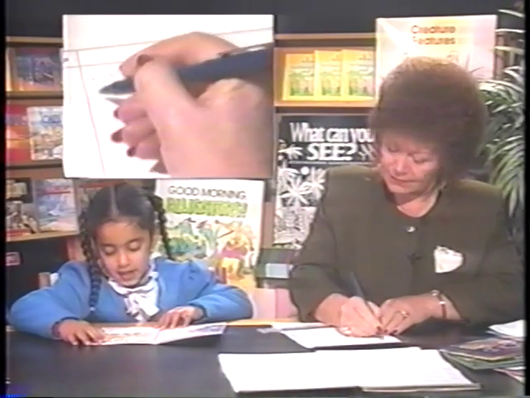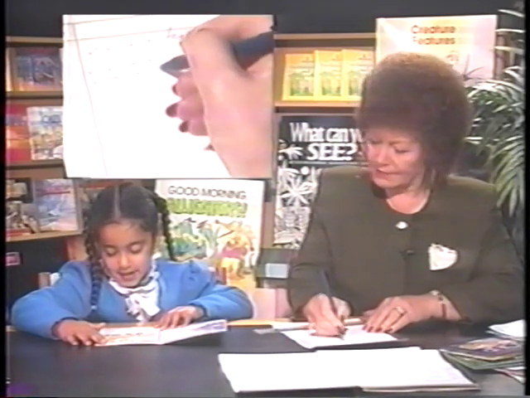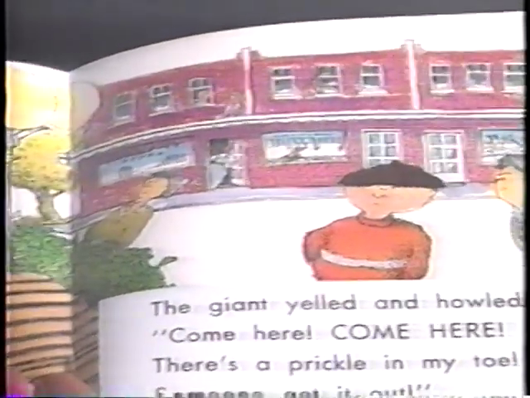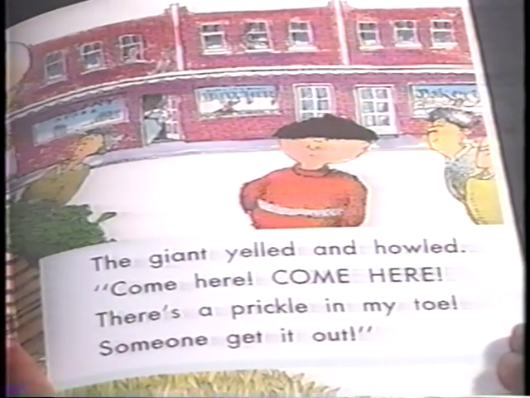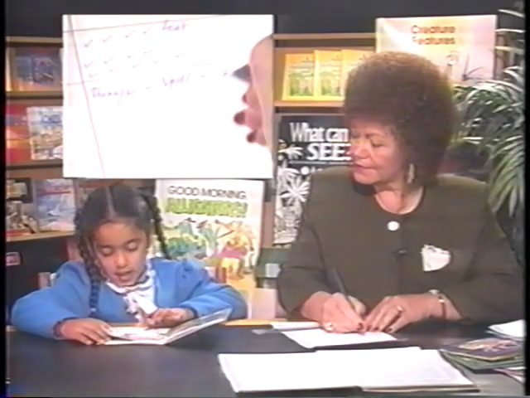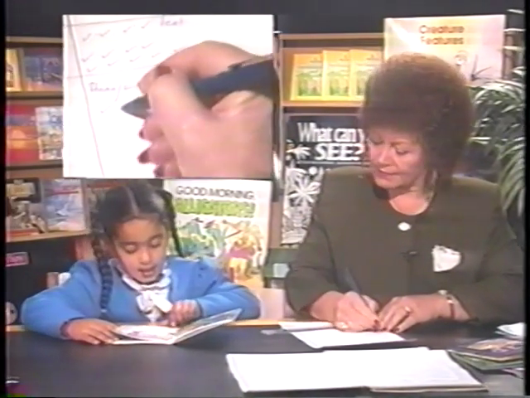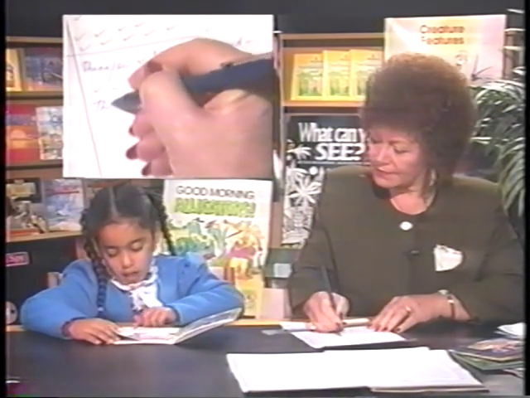"Come here," he roared. "No way," said the baker. The giant yelled and howled. "Come here, come here. There's a prickle in my toe.